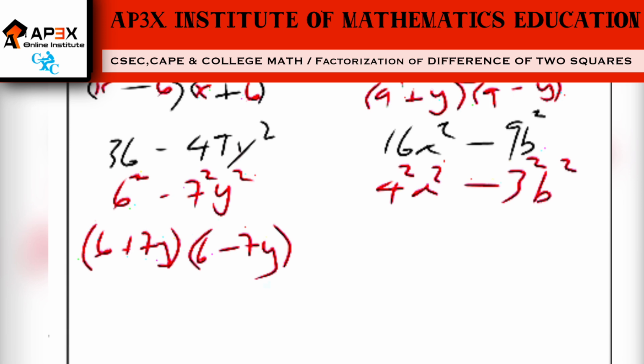Now some students might say, because everybody likes shortcuts, they like to get to the answer as fast as they can: do you have to write 4 squared, a squared, 3 squared, b squared? You actually don't. And I'm going to show you in the next example. I do this because I like my students to track their steps.